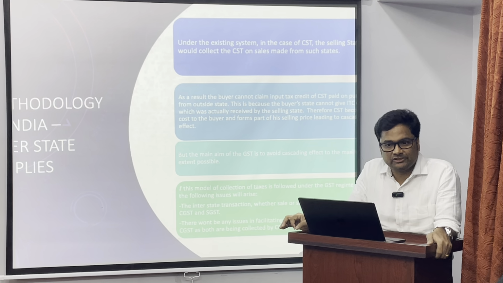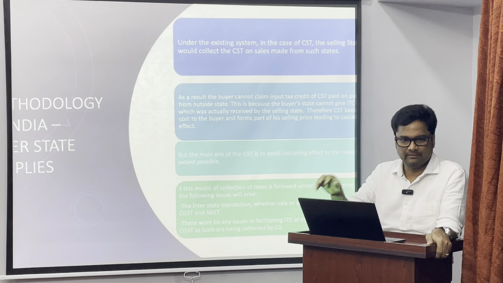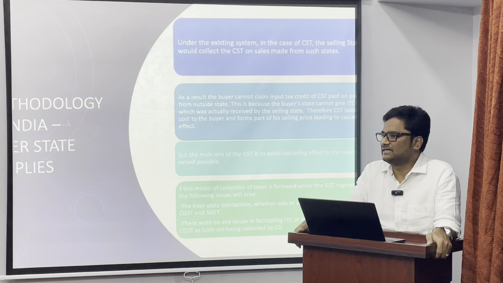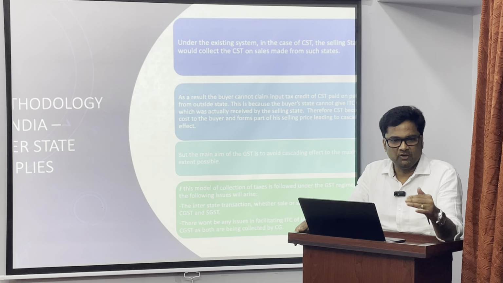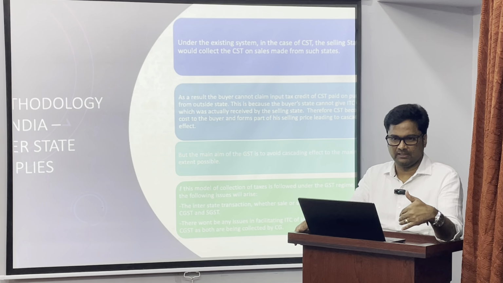See, only when you follow destination-based taxation is the flow of seamless credit, ITC, across the supply chain possible. I'll give an example. We'll take central sales tax, that is, before GST.